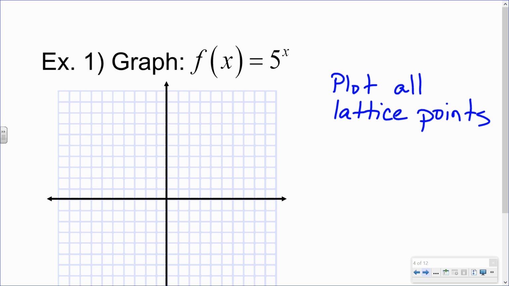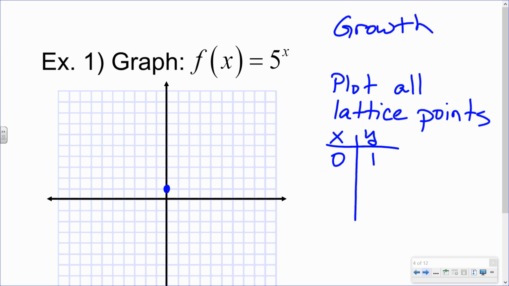We know the y-intercept 0, 1. And we could have done that again with a table. If x is 0, y is 1. And is this going to be growth or decay? It's going to be growth. So that means in this first quadrant, it's going to be shooting up higher and higher. Those are the ones I'm interested in plotting.